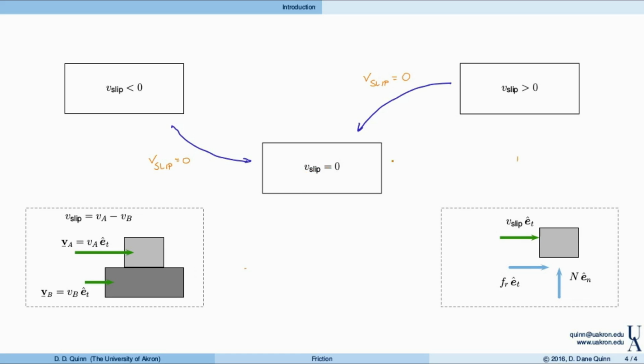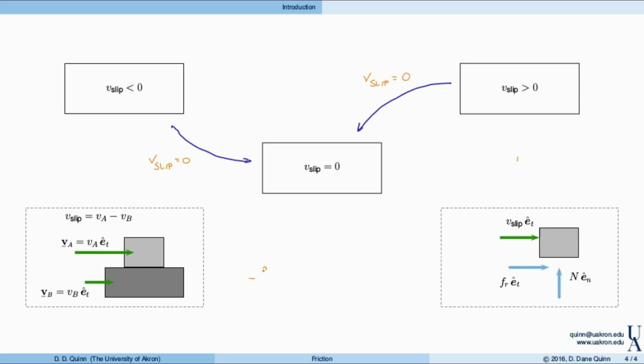Okay, so what about transitions between V slip equals 0 and possibly slipping to the left or slipping to the right? Well, what we find is that this depends on the value of the sticking force.